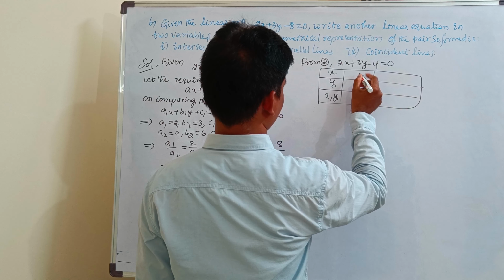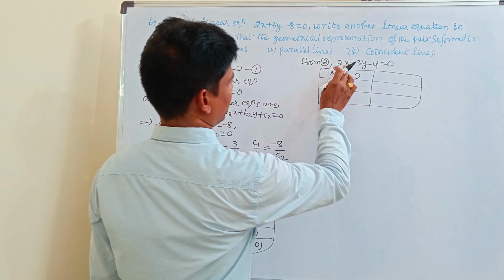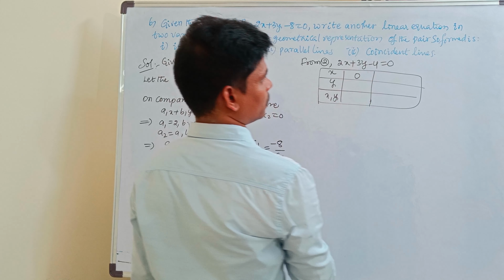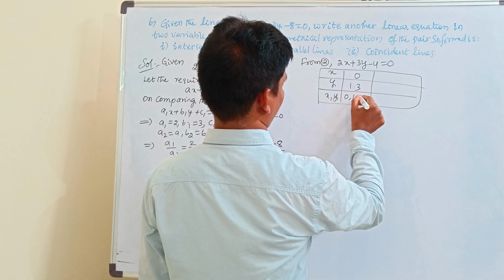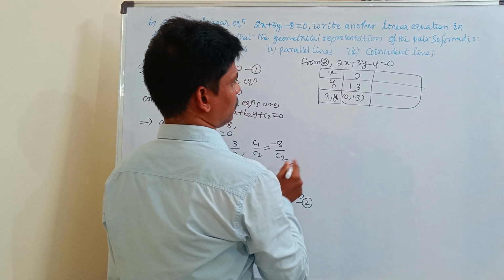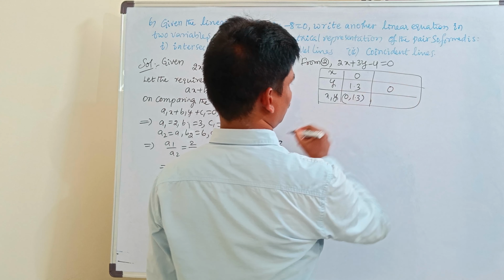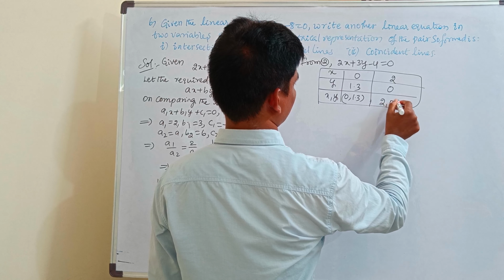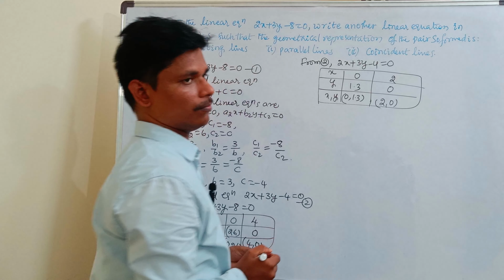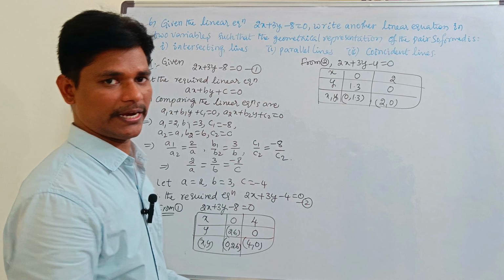Two solutions: suppose x equal to 0, x 0 means here 4 by 3, that is 1.3 comma 1.8 here. And next, suppose y 0, y 0 means here 2. So 2 comma 0. Transposing 4 to that side, 4 by 2.